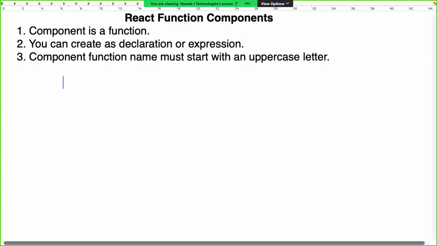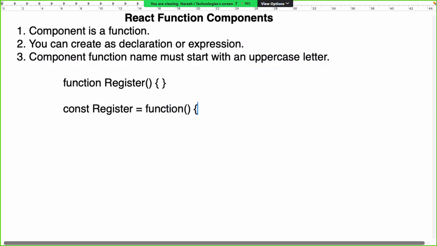So, suppose I want to create a Register component. Then two techniques: function Register. You can create like this. What is another technique? const Register is equal to a function. Or constant Register is equal to function. This is the shorthand arrow technique.